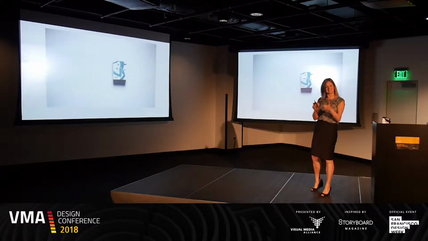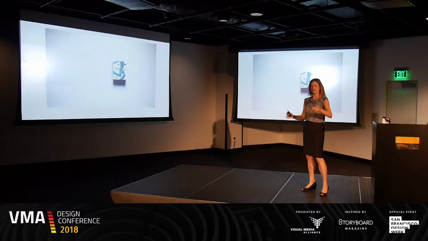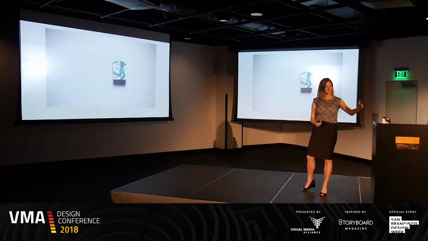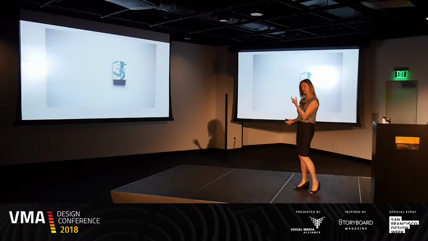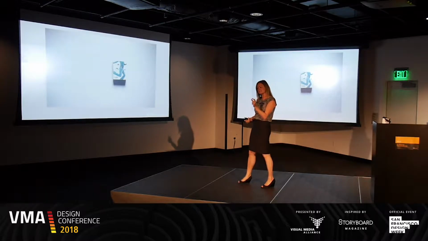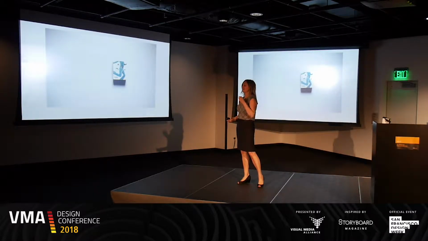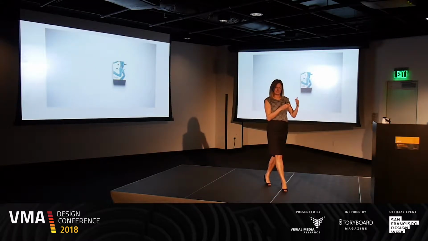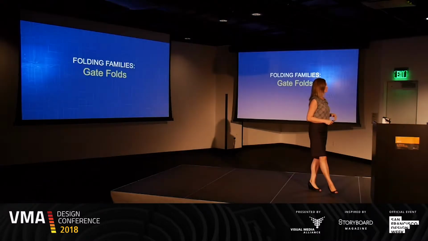But as you can see, these can build and build and build. And so you can go way out here, or you can go way over here. And as we saw with that simple 3-panel accordion with the blue whale die cut, you can make even the simplest format fun and intriguing and interesting. It's not always about going big. Sometimes you can do huge things with very small details.